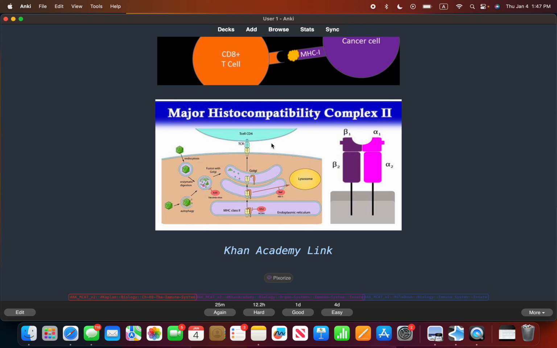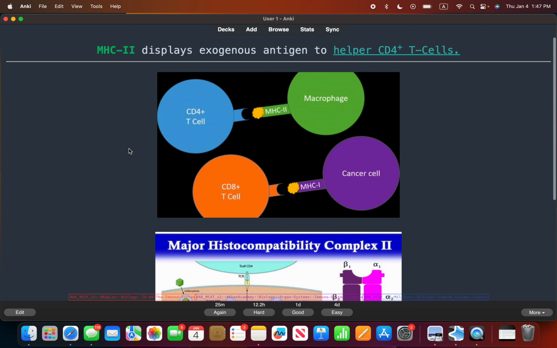Major histocompatibility complex 2. Because it's 2, we can also remember that it has 2 different subunits, and they're equal: alpha 1 and 2 and beta 1 and 2. But for MHC1 it was alpha 1, 2, 3 and 1 beta.